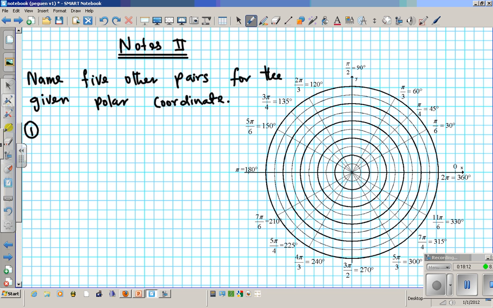Number 1, what if we had the point R, which is 1.5, comma 210. Okay. So before we start, let's graph the point where it lies.